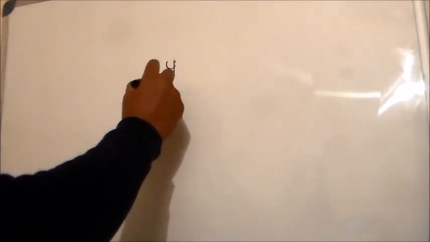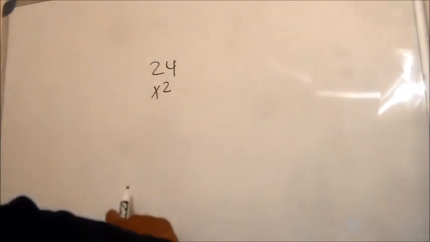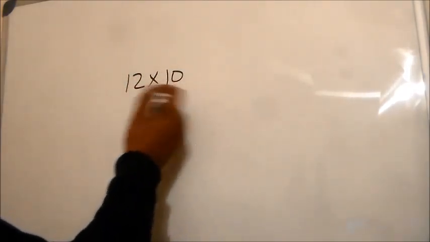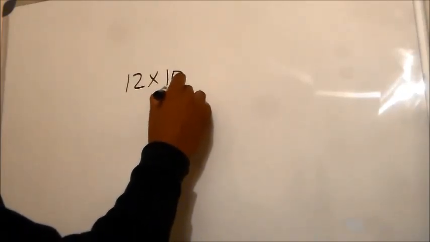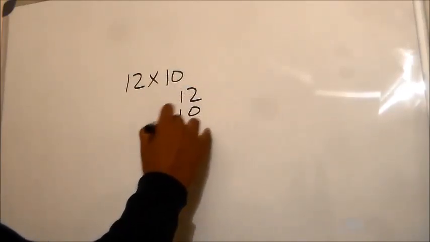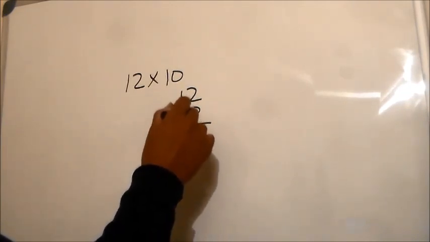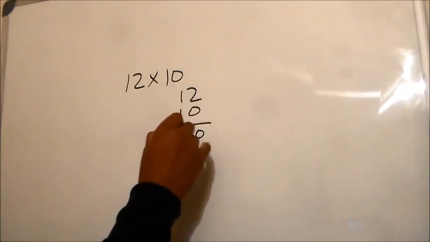Now, let's try another one. 24 times 20. No, you know what? Let's do something interesting. I'm going to show you a couple ways to multiply, because I like showing my rapid math system. Now, you could look at this, 12 times 10, and if you do it the old-fashioned way, you would say 0 times 2 is 0, 0 times 1 is 0.